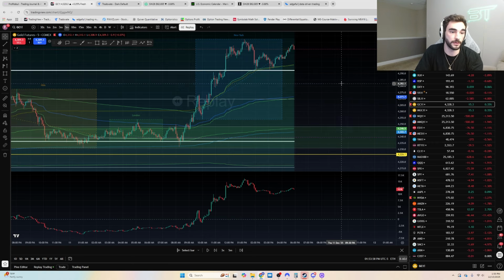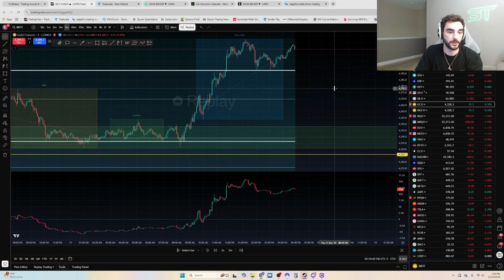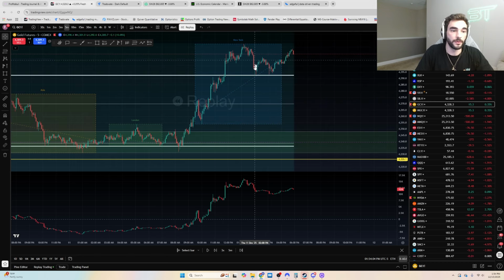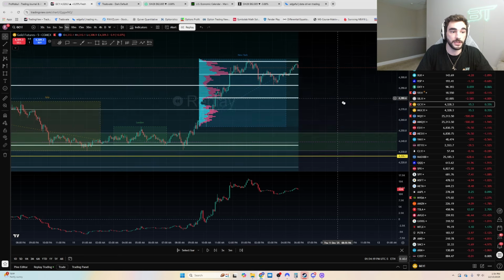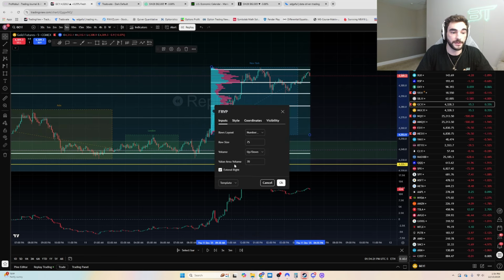Now I'm going to get rid of these VWAPs really quick. Okay. So this is what's relevant to me. This value area high is holding so far. It's a high time frame value area high too. So this is showing strength from bulls. Then what else do I want to consider? Do I want to take the volume profile for this entire range? I don't really care about this entire range.